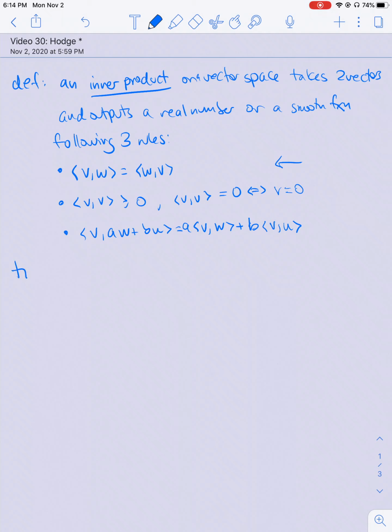There's an inner product on the space of differential forms on Rn, which is determined by the following.